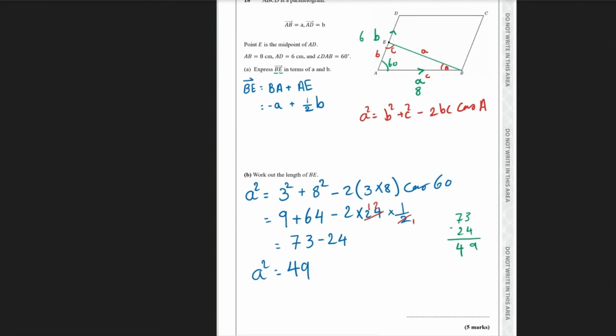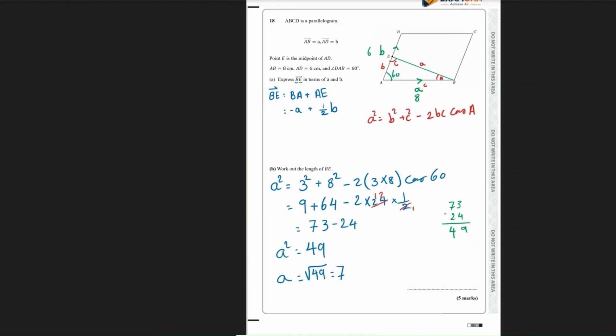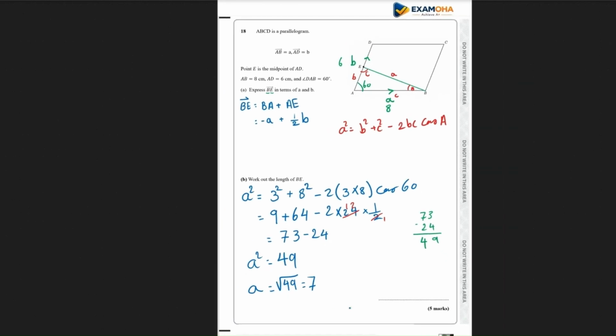And in order to get rid of this square here, we need to bring it over to the other side as root. That's correct. So a equals square root of 49, which equals 7. That means the answer here is 7 centimeters. And this is the answer.